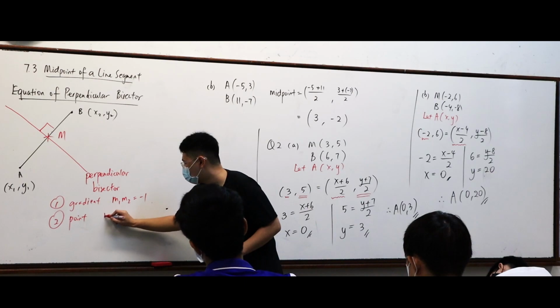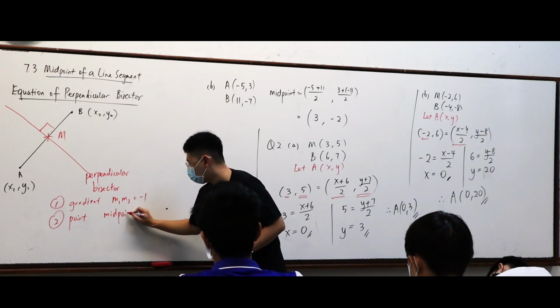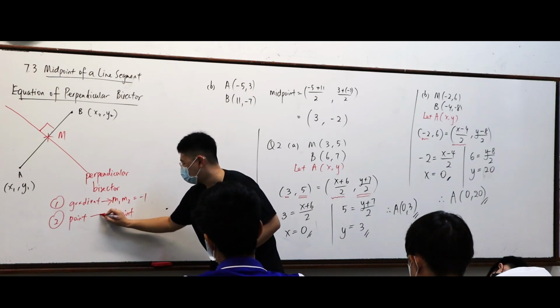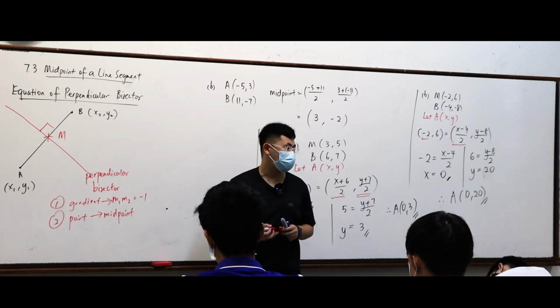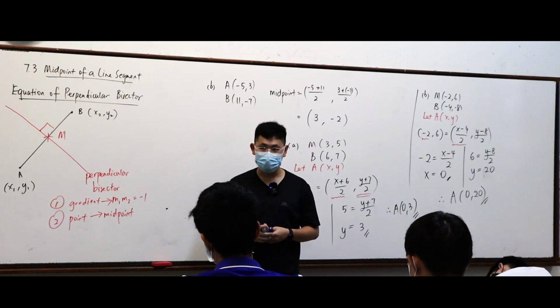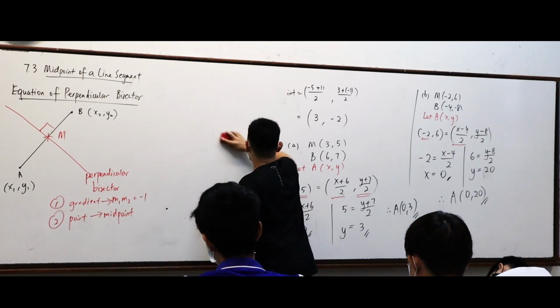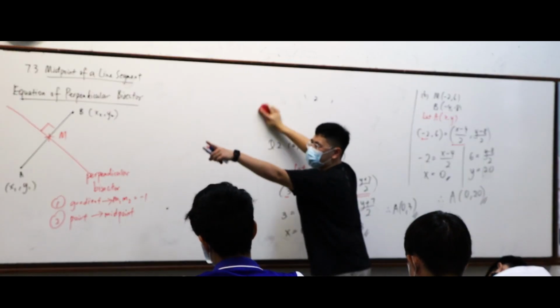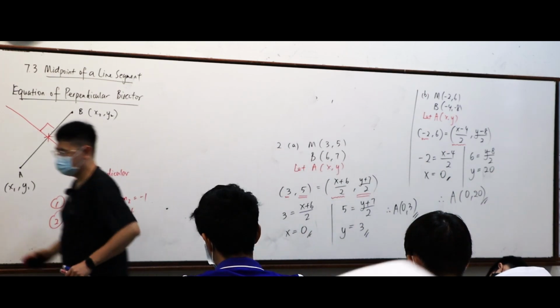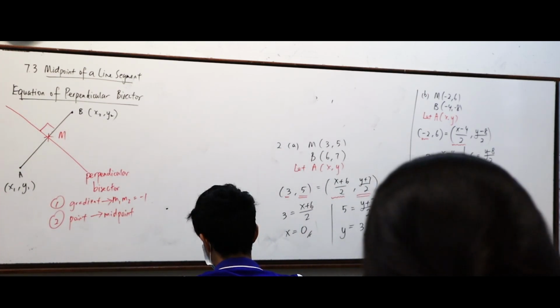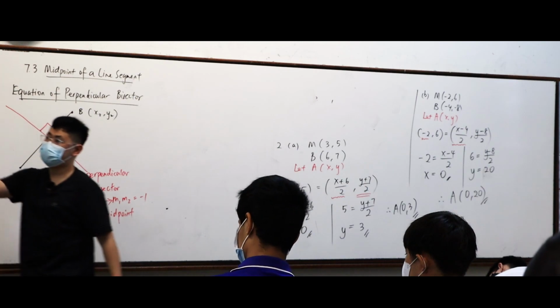So your point is going to be the midpoint. You need these two ingredients to form the equation of the perpendicular bisector. With this idea in mind, let's look at example 6.